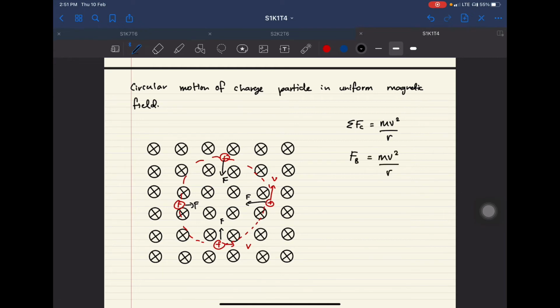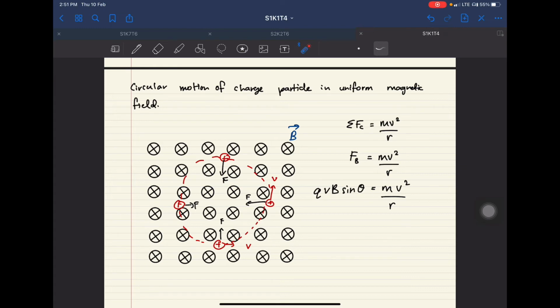So Fb, if you go back to the initial slide just now, it will be qvB sine theta equals mv squared over r. And the angle between the velocity and the magnetic field B will always be 90 degrees.